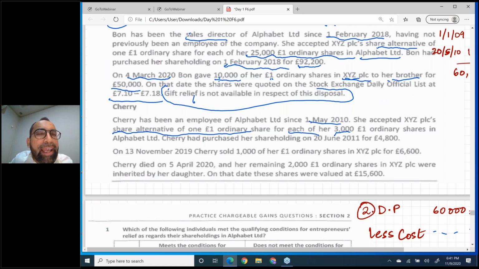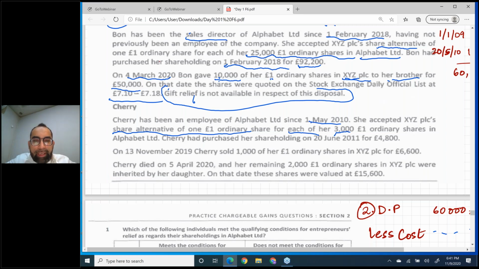Cherry had only 3% ordinary shares, which is less than 5%. So simply you can deny, you simply say bye bye. You can't claim entrepreneur relief here.